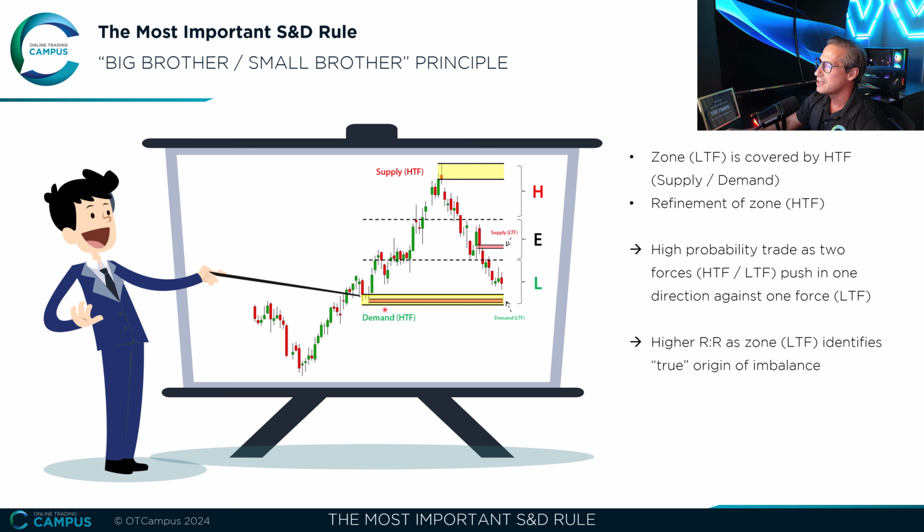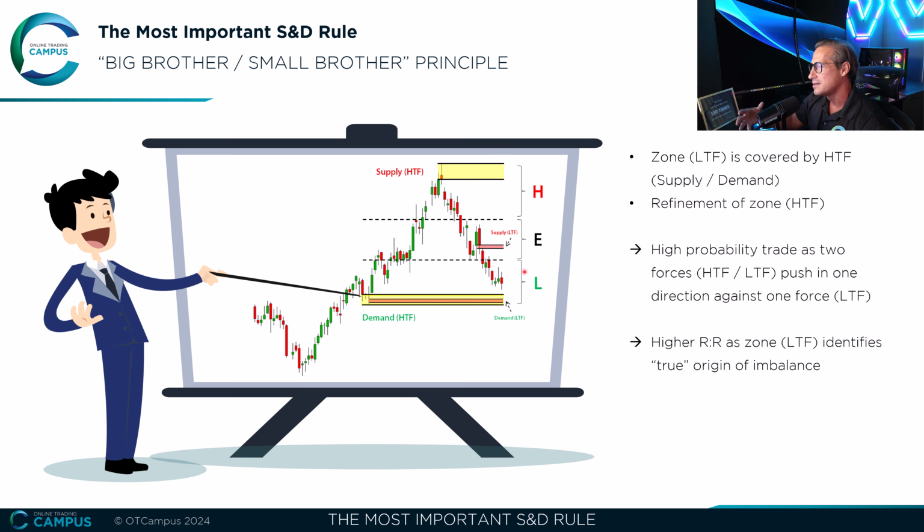If you find a lower time frame zone that is covered by the higher time frame zone, you are now trading, and this is, I think, mentioned here, a high probability trade as two forces. Now, two forces, the higher time frame zone, so the big brother, and the lower time frame zone, the small brother, push in one and the same direction.